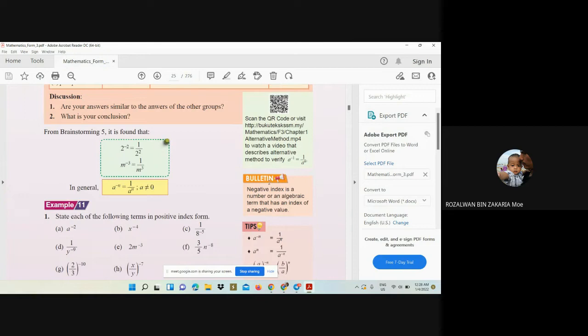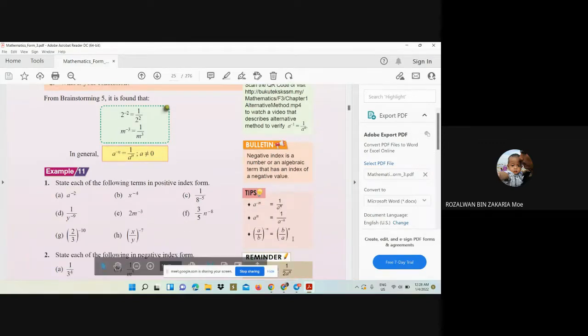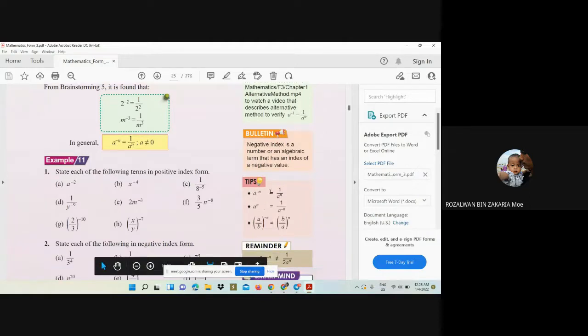Okay, now look at this one. Negative index is a number or an algebraic term that has an index of a negative value. So a few tips here for you to memorize. a power of minus n actually equal to 1 over a power of n. a power of n actually equal to 1 over a power of minus n.